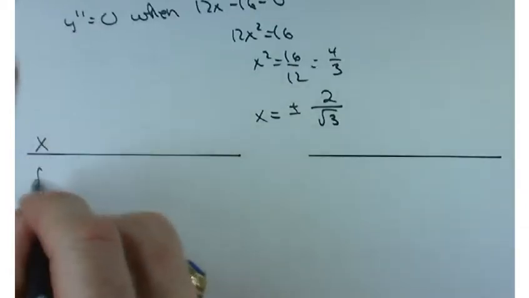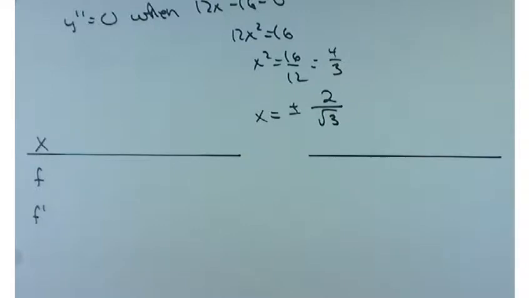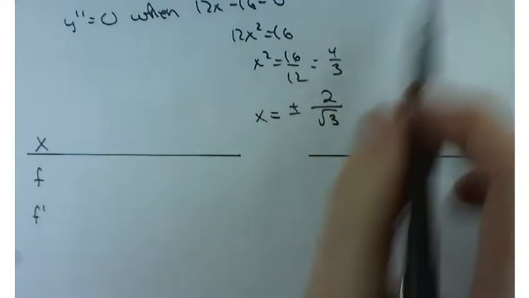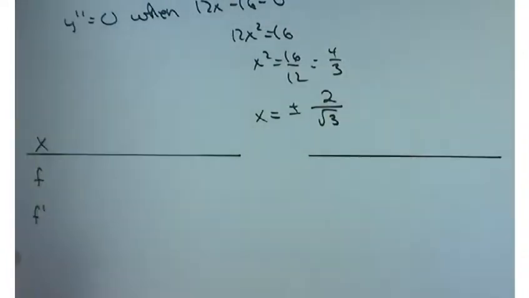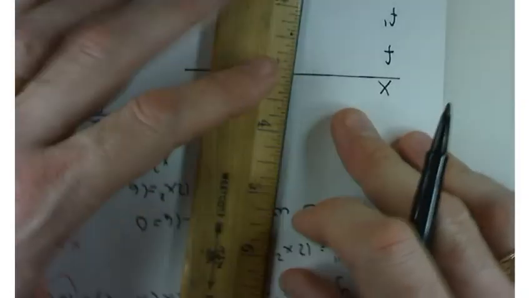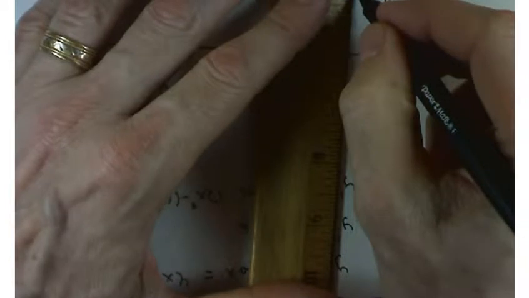X, F, F prime. Let's see, what points do I want to put in here? I want 0, -2, and 2. So let's put them in order. And I'm just going to spin this around for a second here. Help myself out. Sorry if I'm making you dizzy.